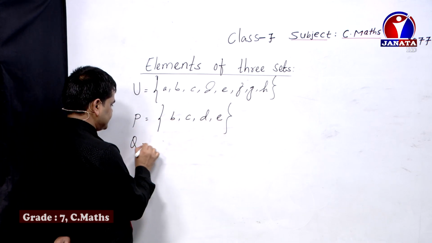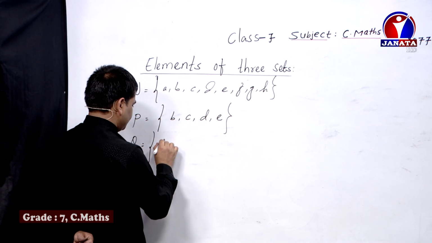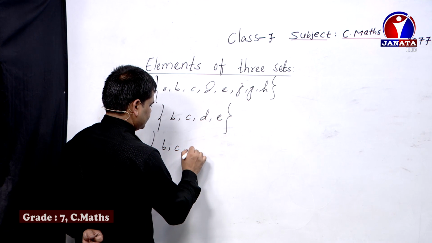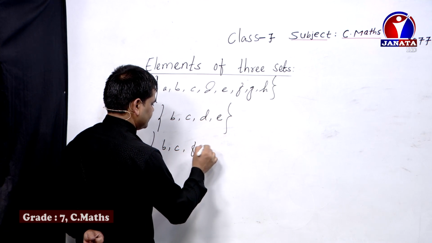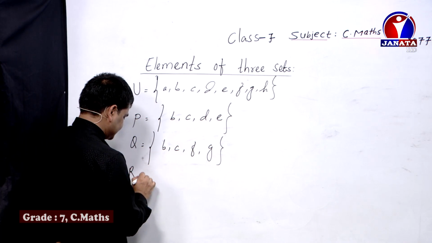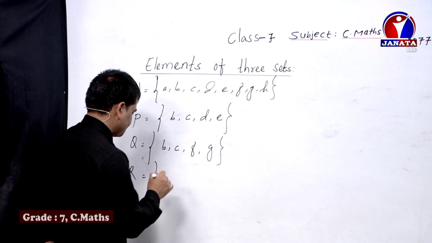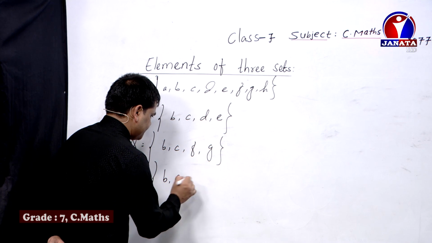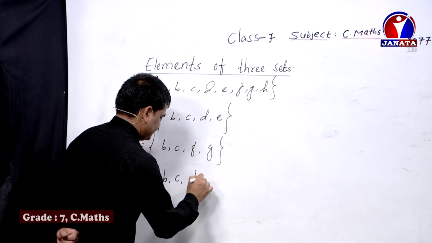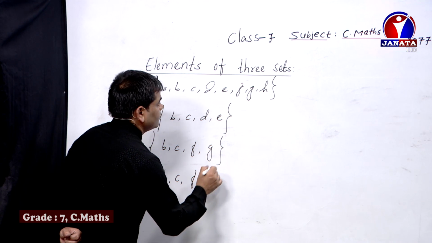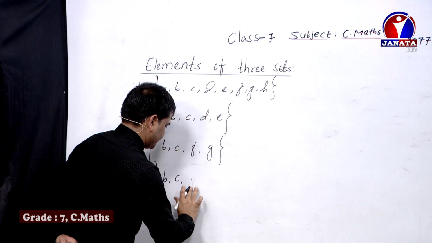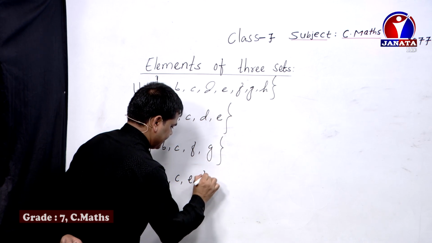Q set, let's take B, C, F, G, that much only. Now R set, let's check, dear students, B, C, F, and let's increase a little bit: B, C, E, F. Here, let's keep E, F, that much only.